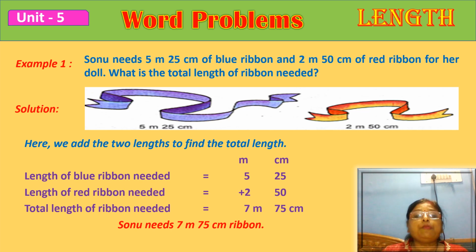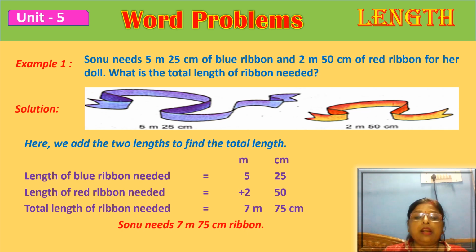Here you have to find the total length of the ribbon needed for the doll. So first you write the length of the blue ribbon here, 5 meter 25 centimeter, and second the length of the red ribbon is 2 meter 50 centimeter.